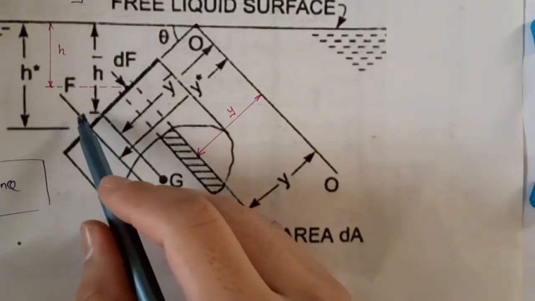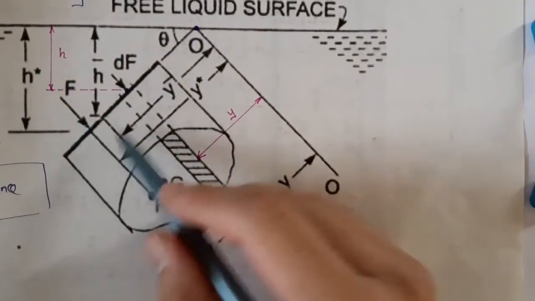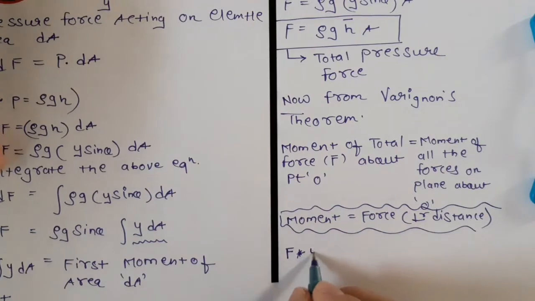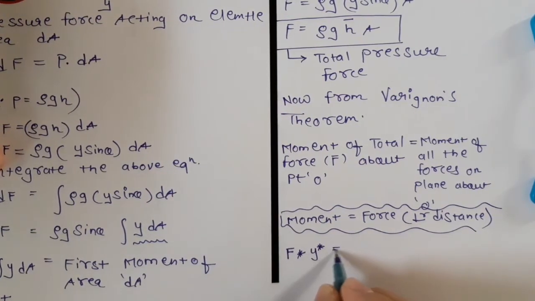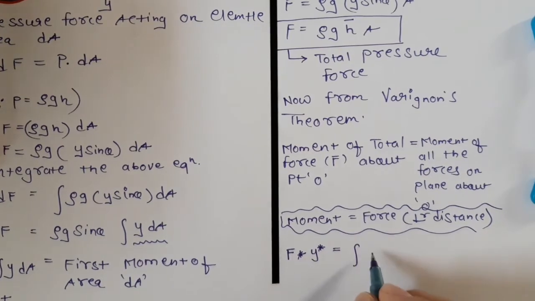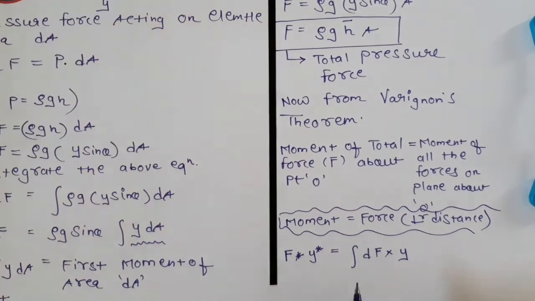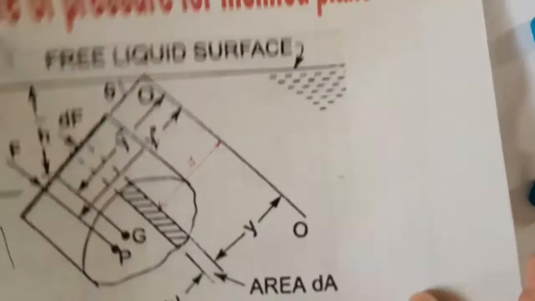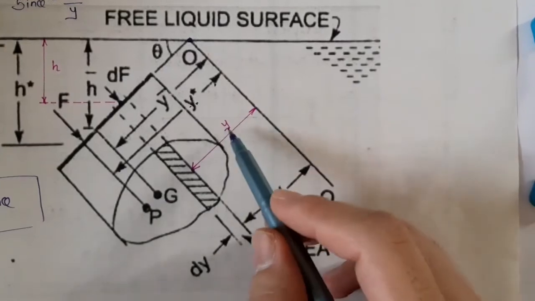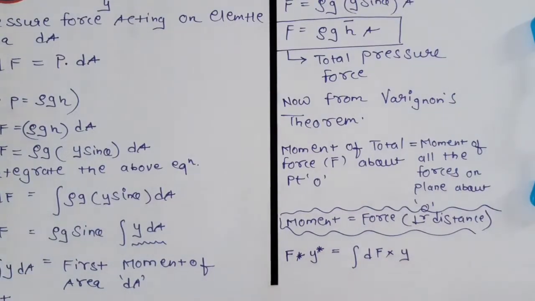This is the force F and its perpendicular distance from this OO axis is y star. So F into y star is equal to the moment of all the forces. So we have to integrate this force dF into y, because this is the dF force and its distance from the OO axis is y. So dF into y.